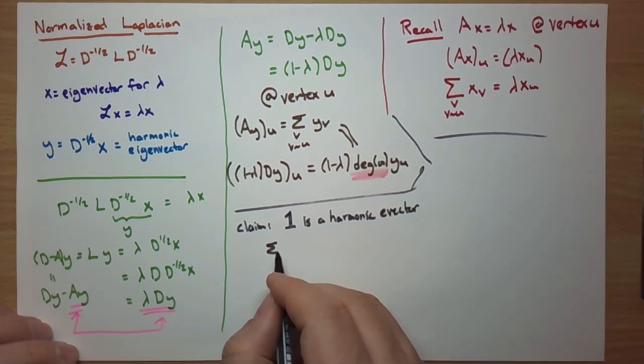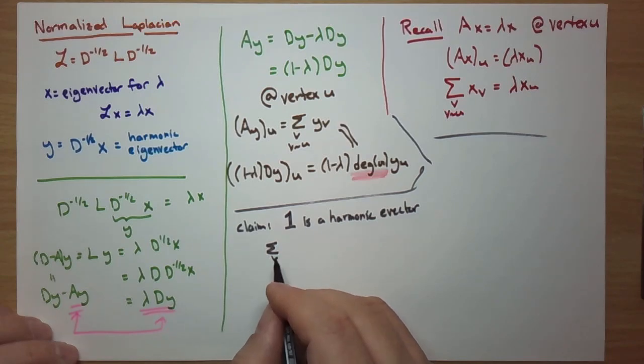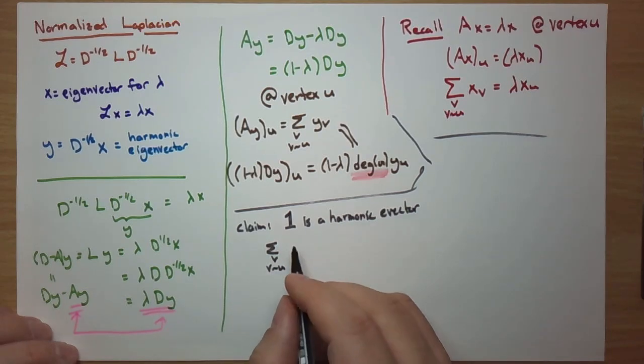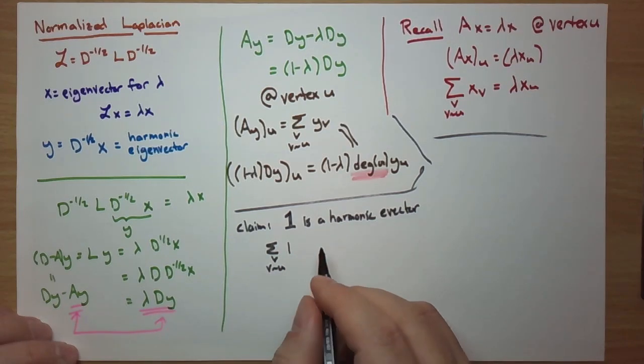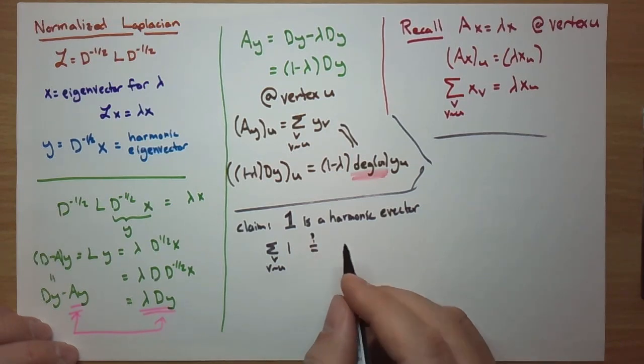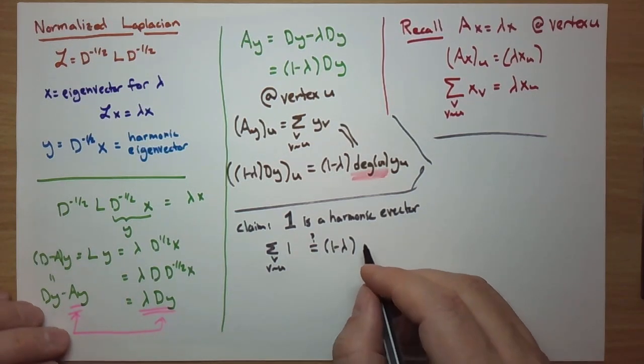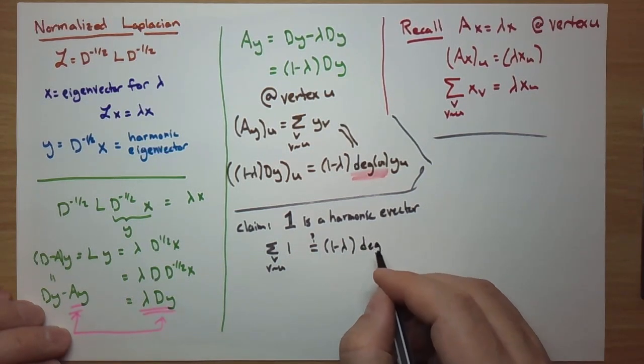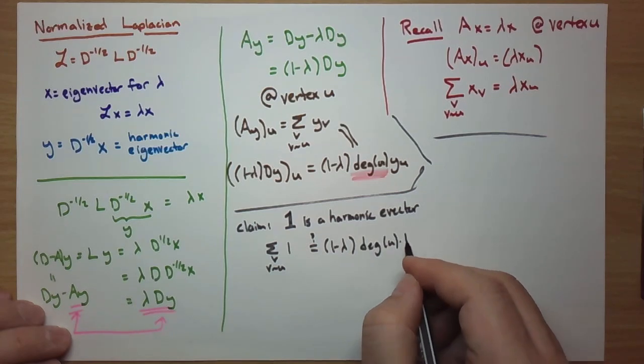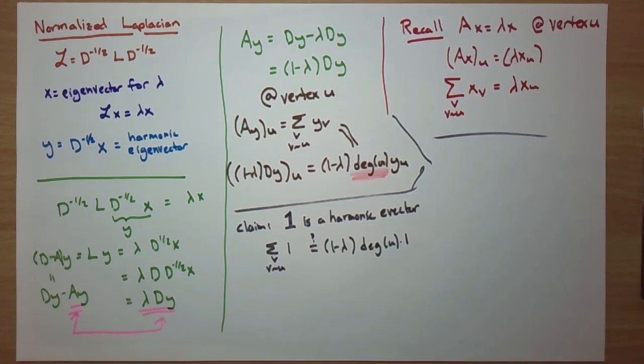Namely, if I sum over all the vertices which are adjacent to you of 1, does that equal, question, 1 minus lambda, times the degree of the vertex u times 1 for some choice of lambda? Well, I claim it does.